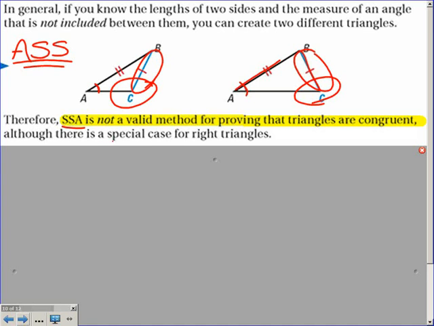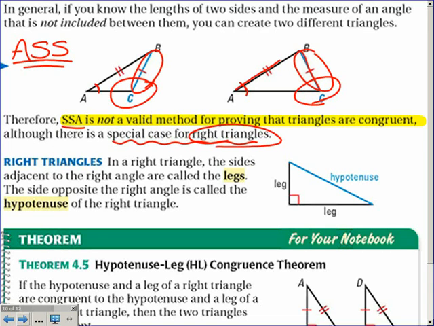But then it does say, well, there is a special case where this does work, and it only works for right triangles. The reason it works for right triangles is because they're right triangles, and there is a relationship between the sides and the angles in a right triangle. So it talks about how in a right triangle, these are called legs. There's usually like a short leg and a long leg, and there's going to be a hypotenuse, which is always across from the 90-degree angle.